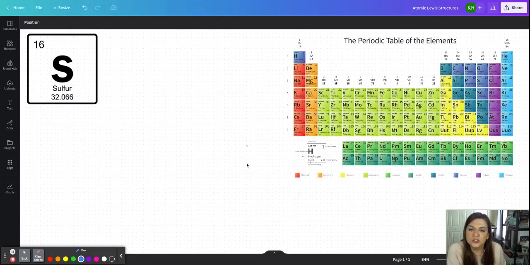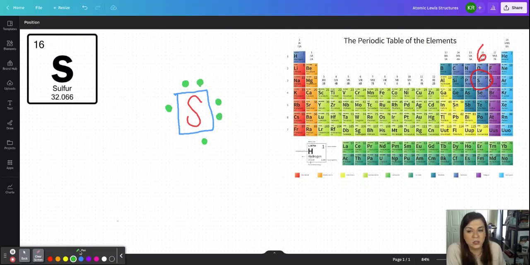The final Lewis structure for this video is going to be for sulfur. And sulfur is right underneath oxygen in group 16. So it will have 6 valence electrons. And I'm going to write the symbol for sulfur, put sulfur in the imaginary box, and then draw my dots. I have 1, 2, 3, 4, 5, and 6.